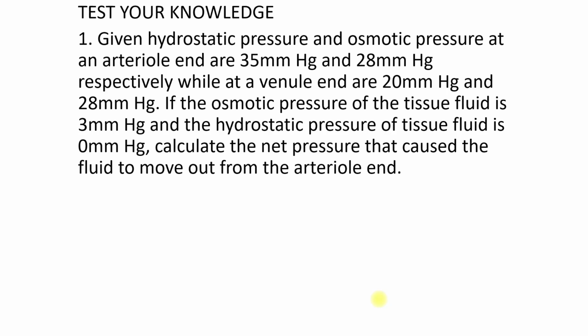If the osmotic pressure of the tissue fluid is 3 mm mercury and the hydrostatic pressure of the tissue fluid is 0 mm mercury, calculate the net pressure that caused the fluid to move out from the arterial end. Meaning to say, your calculation must result in a positive value. Filtration must occur here because the question mentions fluid moving out from the arterial end. So pause this video and do your calculation now.